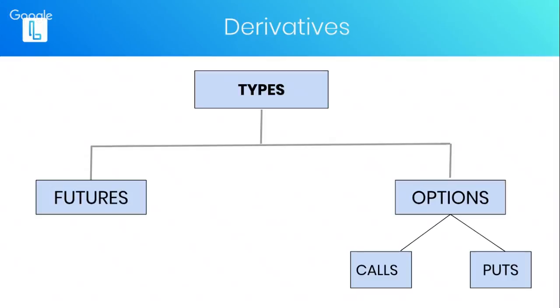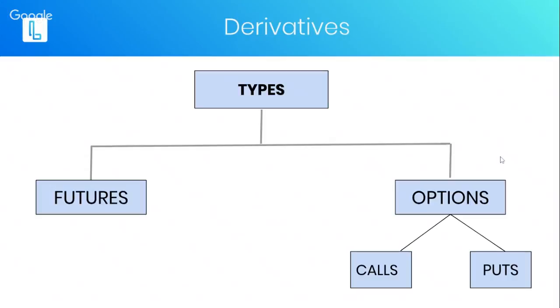There will be two parties in any contract, a buyer and a seller. The buyer is the one who has an option, and that's why they are called options. Let's see what the options are in a little while. But remember, there are two types of options as well: a call option and a put option. We'll look into what each of them really means.